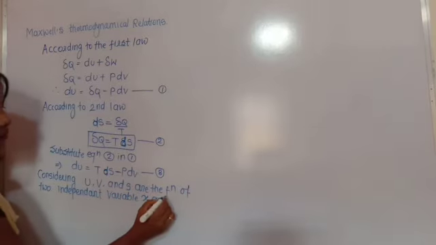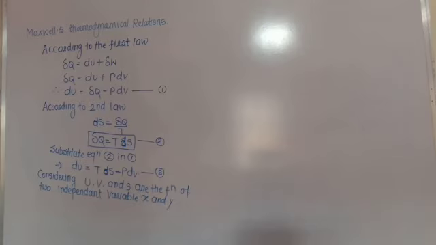Here x and y can be any two variables out of P, V, T, S. We know that there are four types of variables: P, V, T, S, so we can take any of them. Therefore we take x and y as arbitrary variables.